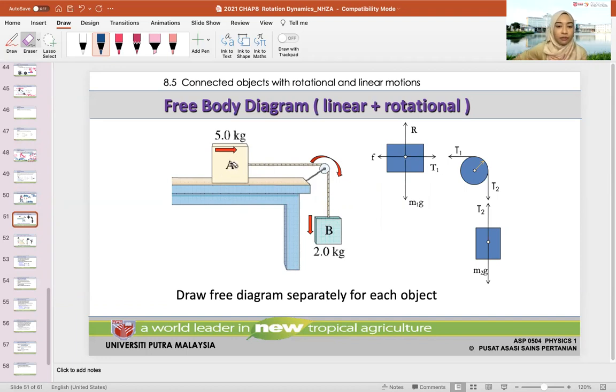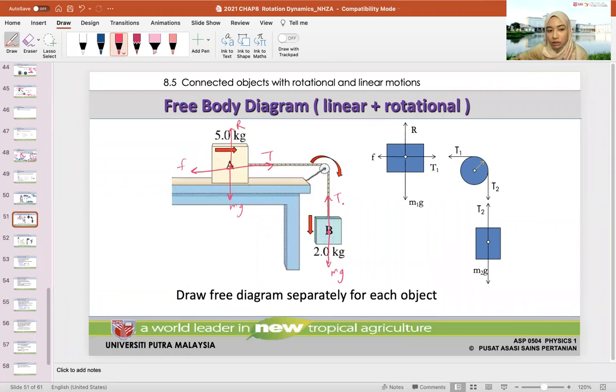So free body diagram for A is going to be mg. If I have friction, I would have friction opposing the motion, sorry, and I would have tension here. And then for this guy, the free body diagram is mg and tension. There's no reaction force, it's not on a surface, it only has tension.